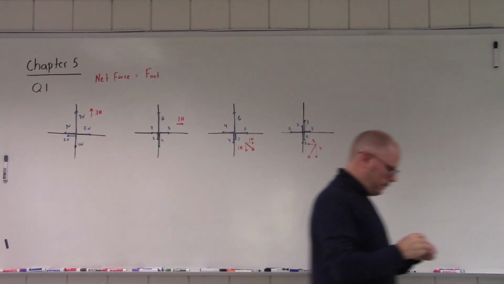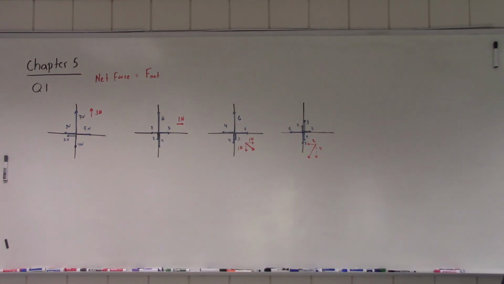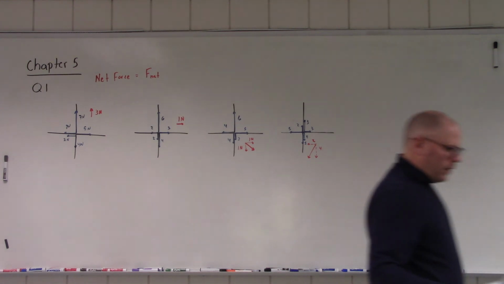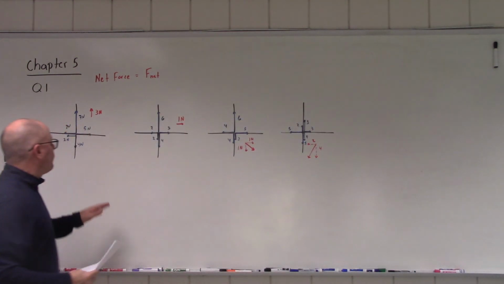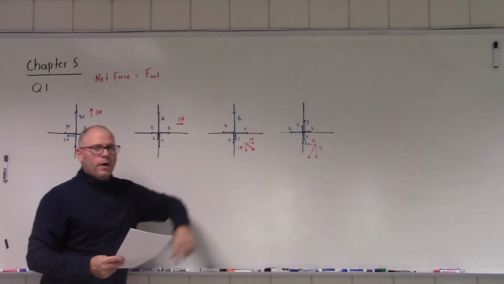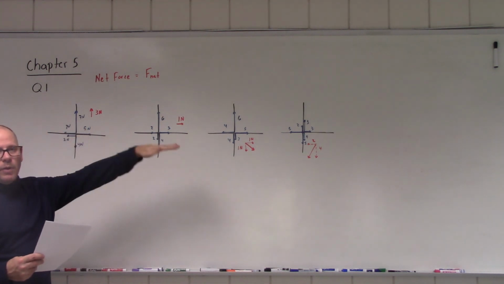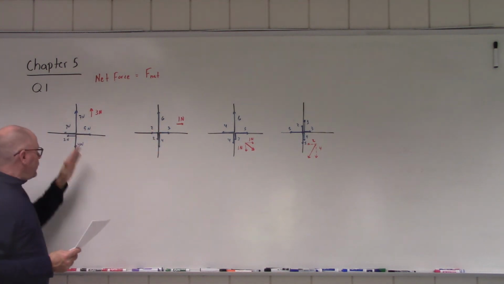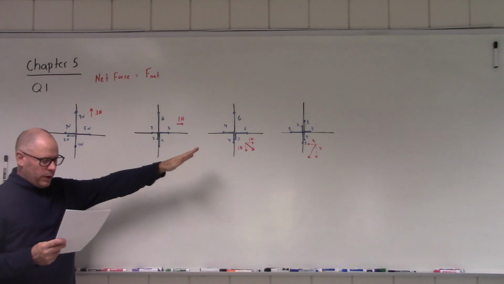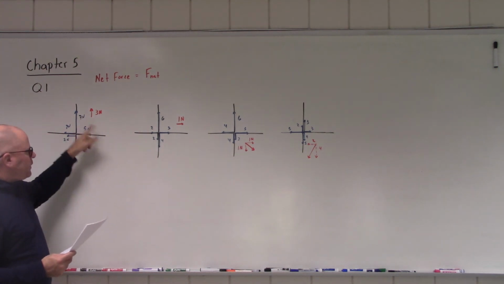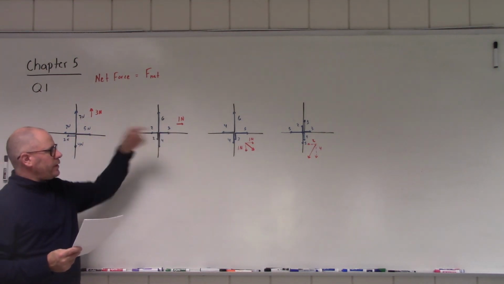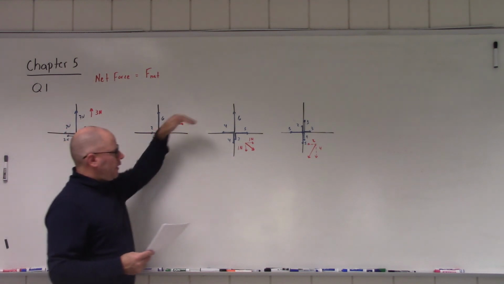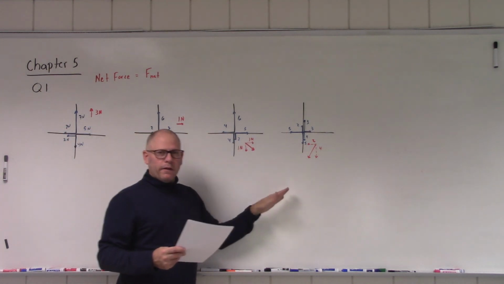Sorry about that. Let's try this again. So in the x direction, 2, 3, and 4 have acceleration component in the x direction. In the y direction, 1, 3, and 4. This acceleration is straight up, this acceleration is to the right, this acceleration is down and to the right, and this acceleration is down and to the left.